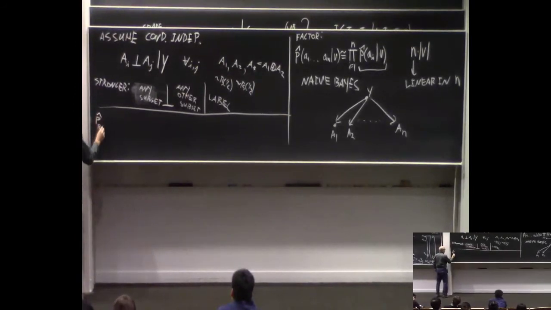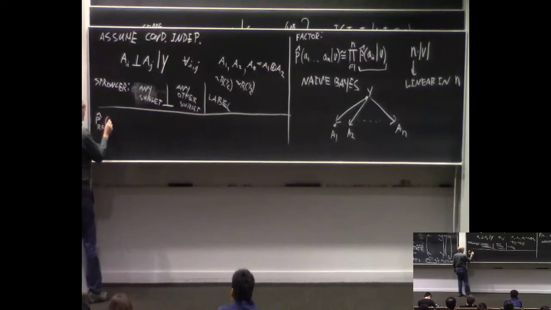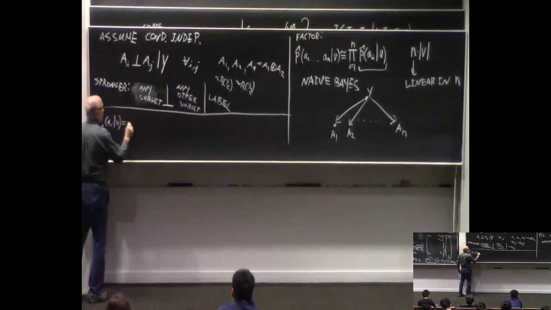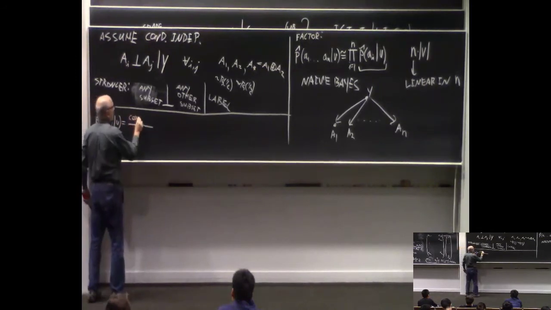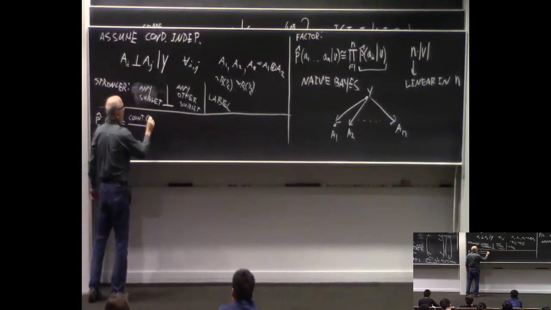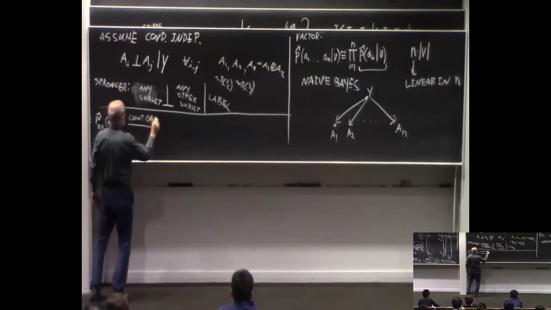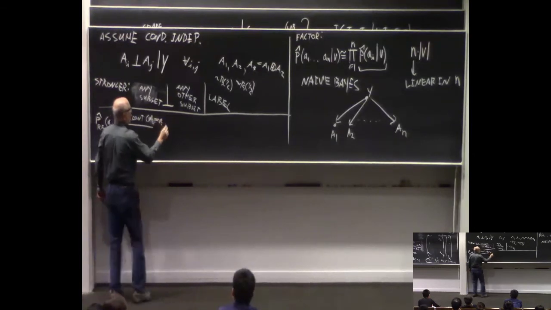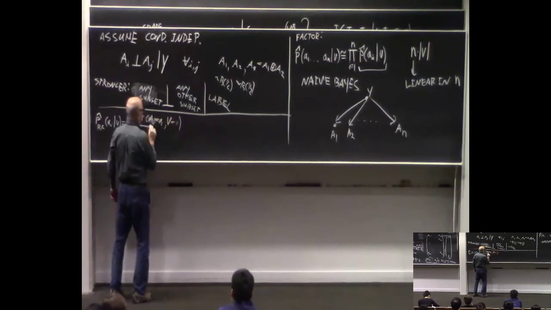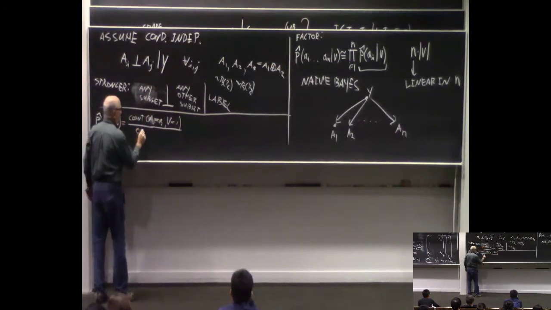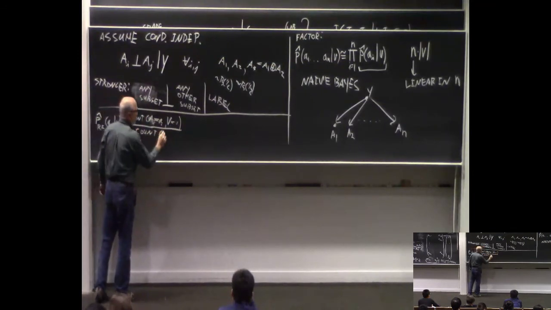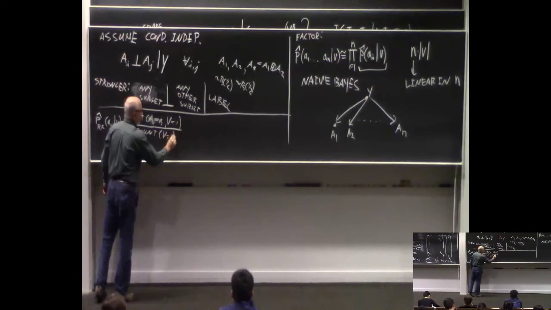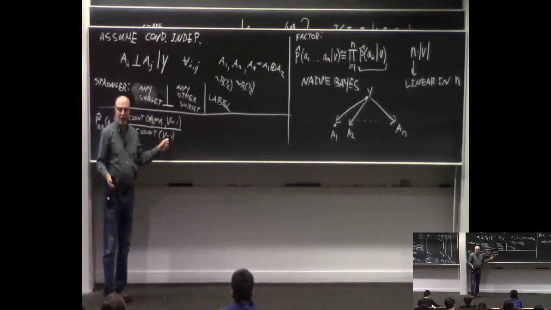P hat, the relative frequency of, let's say, AI given V, is the count of how many times AI is a particular value AI and V is a particular value V, divided by the count of how many times V is a particular value V. Sometimes I don't bother writing the name of the random variable here.